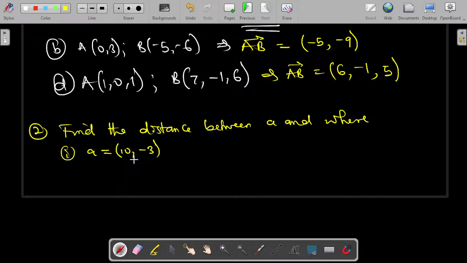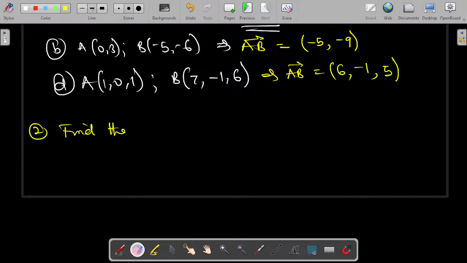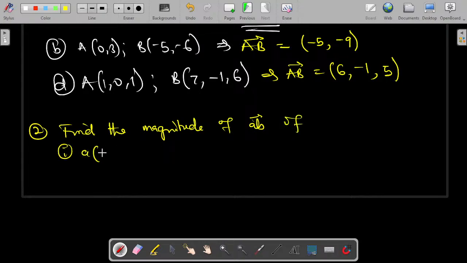Okay, distance between points. We have actually done this one. In fact, that's not the way I wanted to ask this question. Okay, let me put it this way. Find the length or the magnitude. Let's put it that way. Find the magnitude of AB if, okay, we have A is 10 comma minus 3 and B is minus 1, minus 5.